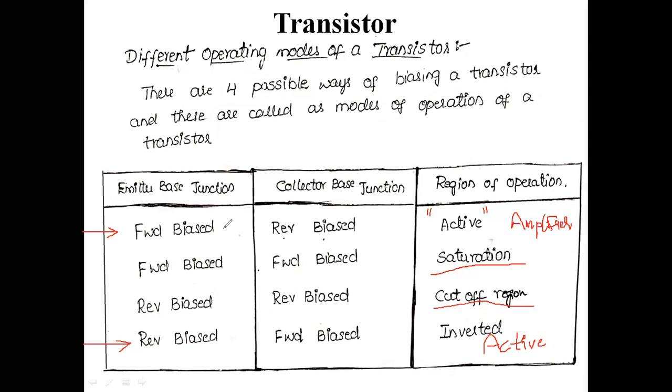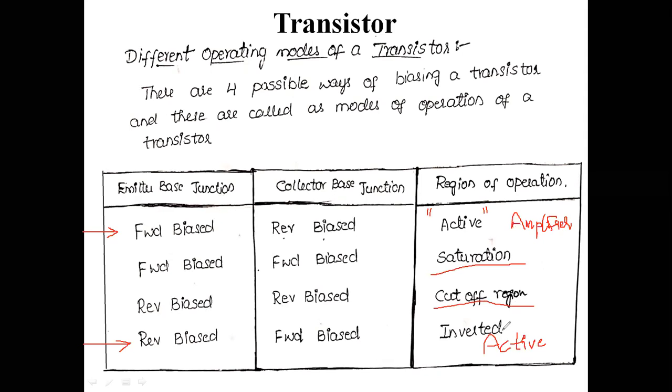In the active region, the emitter base junction is forward biased and the collector base junction is reverse biased, whereas here the biasing conditions of these two terminals are reversed. That means the emitter base junction is reverse biased and the collector base junction is forward biased. That region of operation I can call the inverted active region.